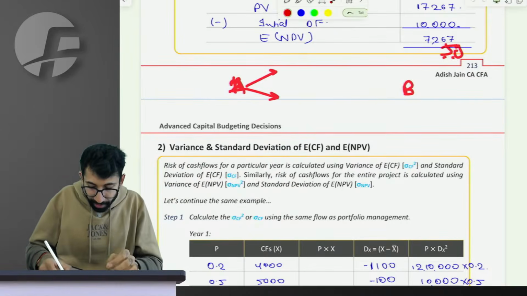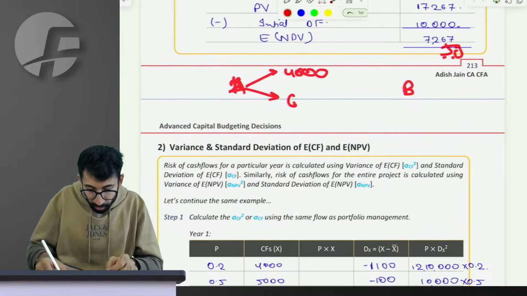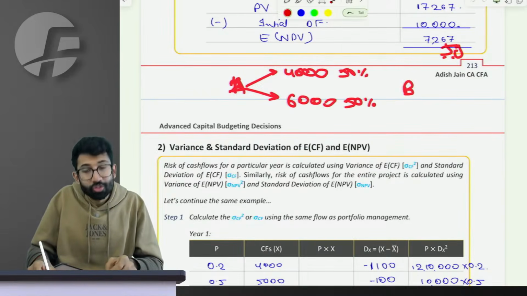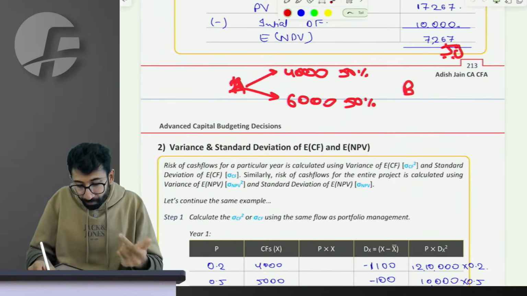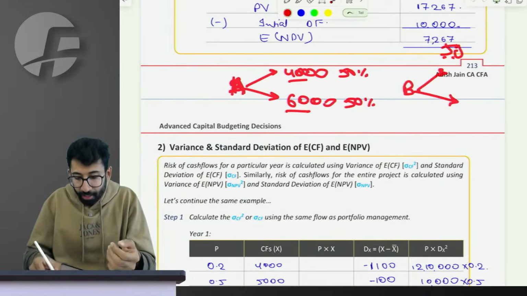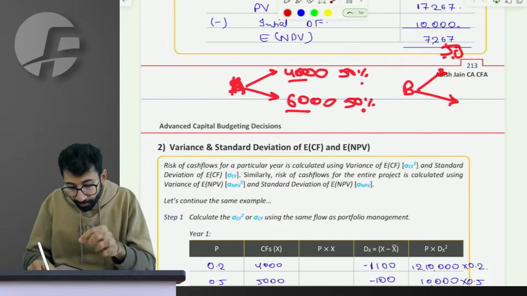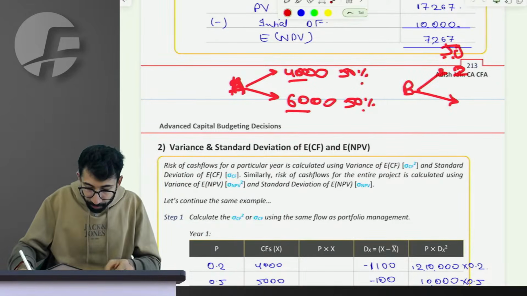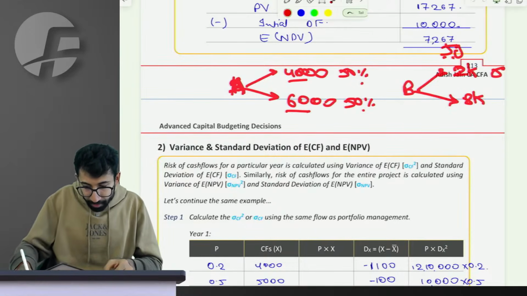Project A can have possible cash flows of 4,000 or 6,000 with 50% probability each. Similarly for Project B, the possible cash flows are 2,000 and 8,000, again with a probability of 50% each.